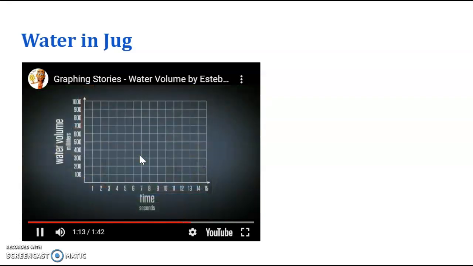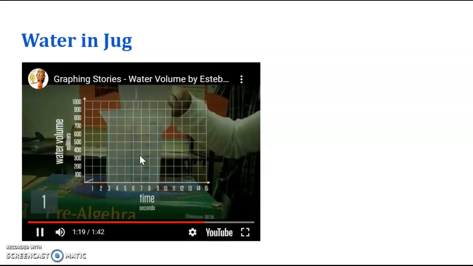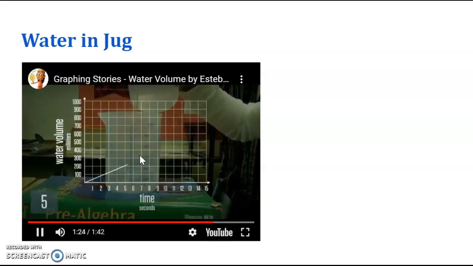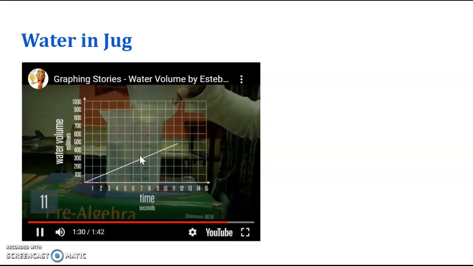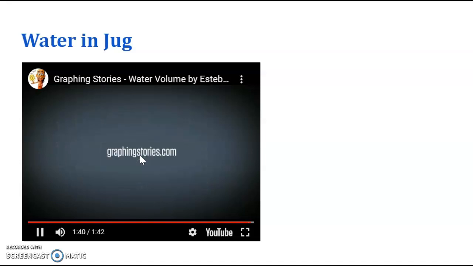Okay, now they're going to try to graph this. See how the volume is changing. It's increasing. That line is the height of the jar. And that's the graph that they came up with.